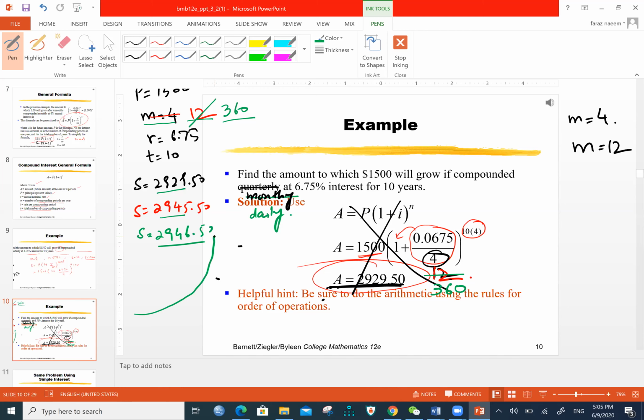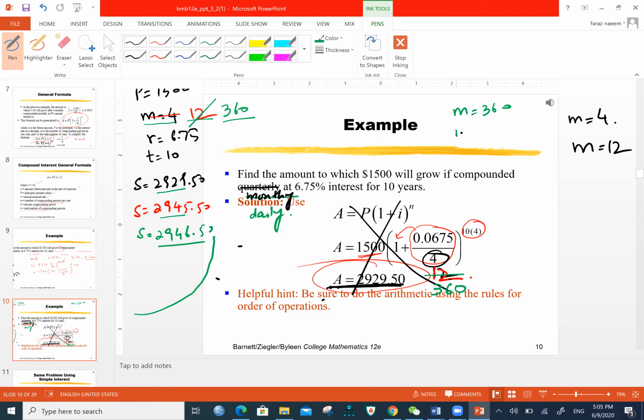So if we increase, and we say that we don't compute interest weekly, we don't compute interest daily, we don't compute interest after every hour, we don't compute interest after every second, but we want to compute it continuously.